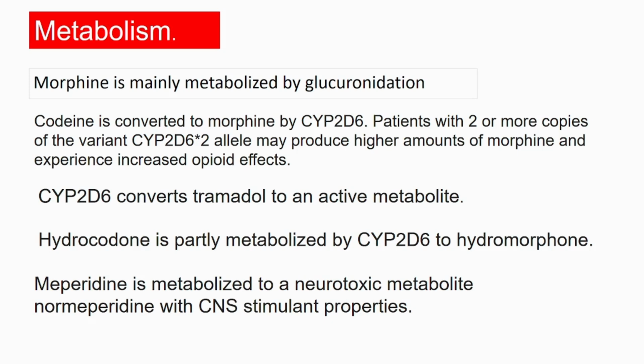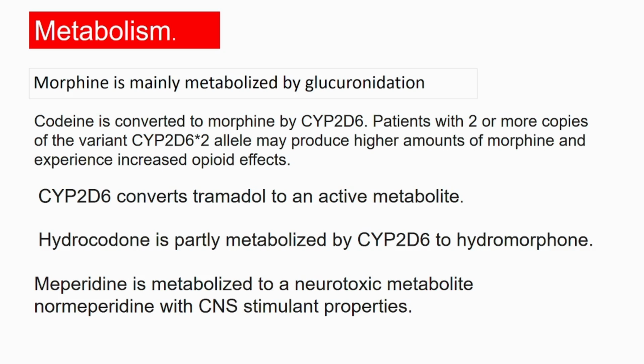If they are fast metabolizers or slow metabolizers, codeine may not be appropriate for them. However, normal metabolizers of codeine could use codeine. And CYP2D6 is also necessary for tramadol to become active, and hydrocodone is partly metabolized by CYP2D6 to hydromorphone.